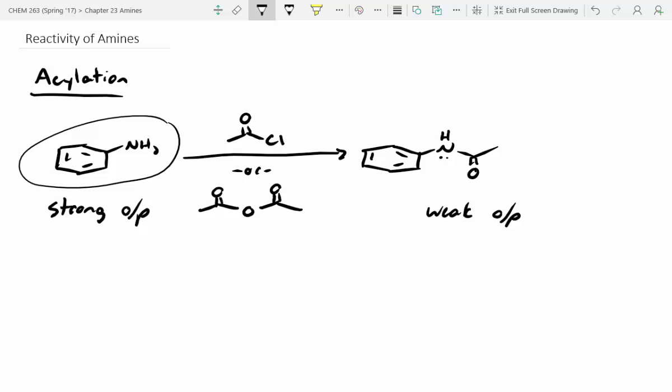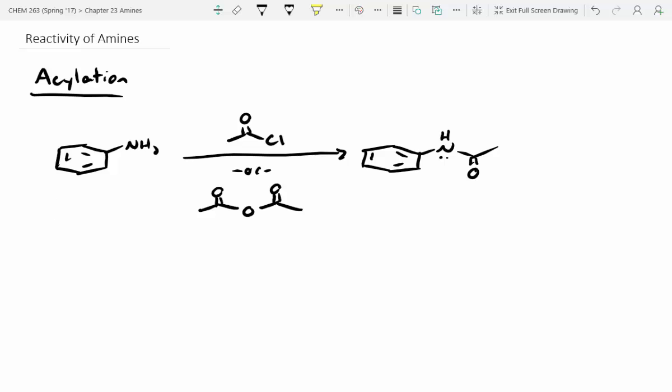Yeah, you get a little bit of everything. Where with this one, do you think you're going to get very much ortho? Probably not nearly as much. So this can be a really clever way of kind of toning down the electron donating group on your nitrogen and make it so that you can get more of your para than your ortho. So let's take a look at some of these. I'm just going to erase this for now.